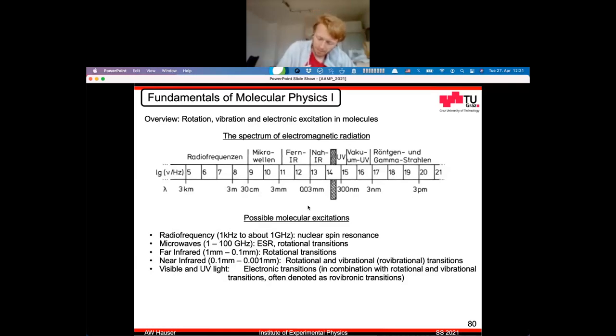But obviously, any kind of energy, if it's heat, so if you have a disordered kind of motion of particles and the particles are colliding with each other, this also triggers some sort of excitation of any kind, depending on the energy that is available at a given temperature. So that's our situation.